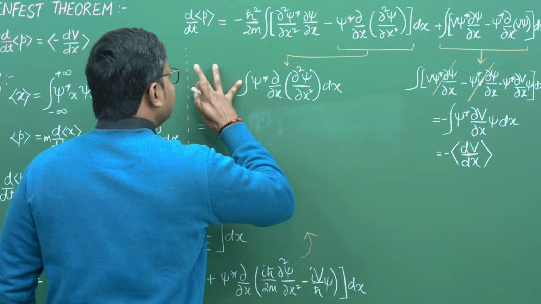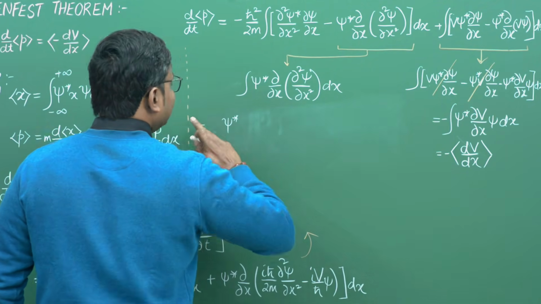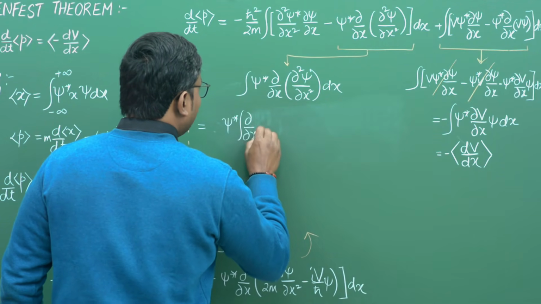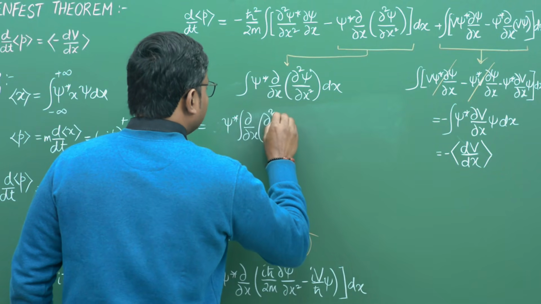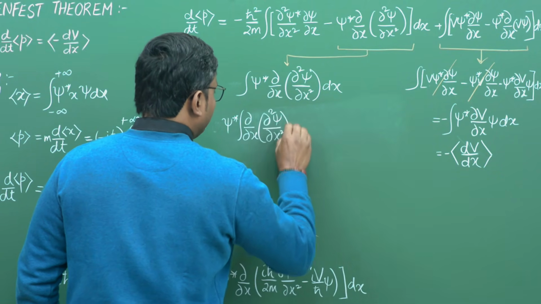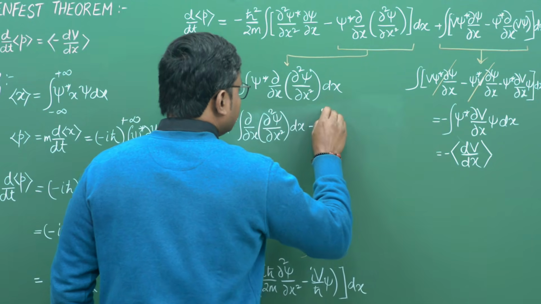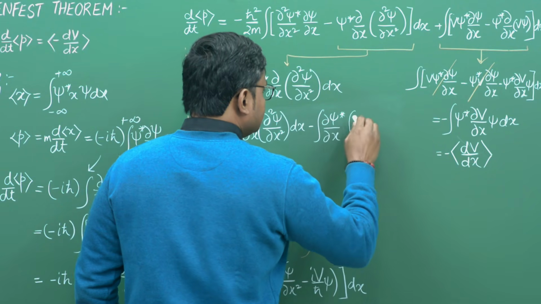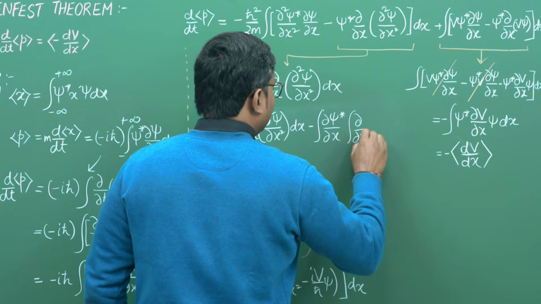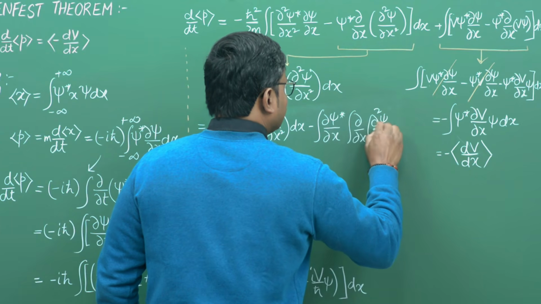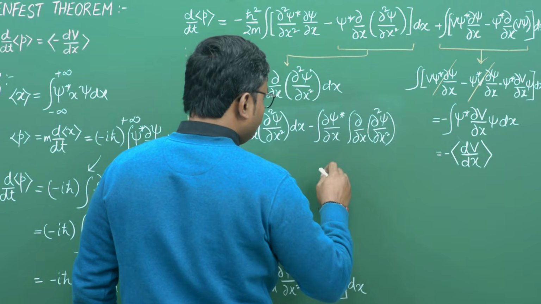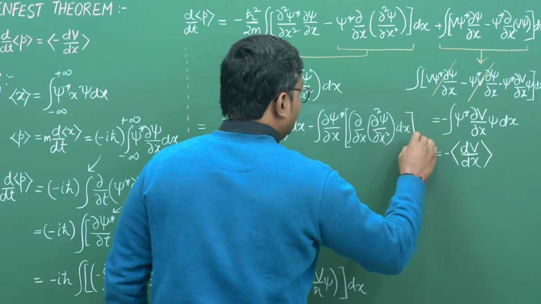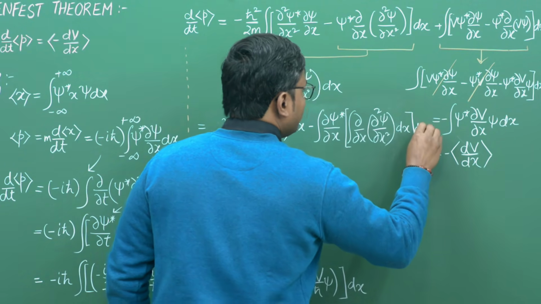Let's keep the minus sign out of the picture; I'll introduce it later on. So this simply becomes integration of del upon del x of del 2 psi upon del x2 dx, minus del psi star upon del x, and then you have integration of del upon del x of del 2 psi upon del x2 dx, and then this term is multiplied to this term, and then we again integrate with respect to x here.